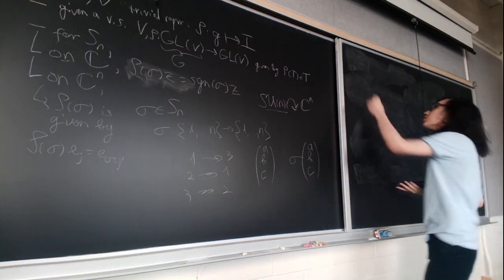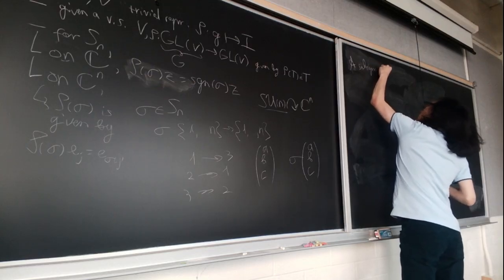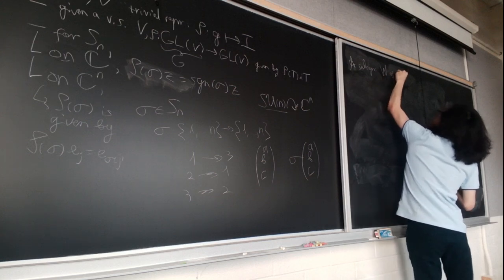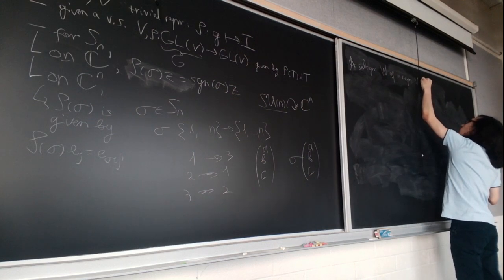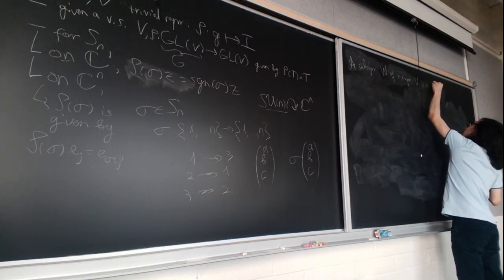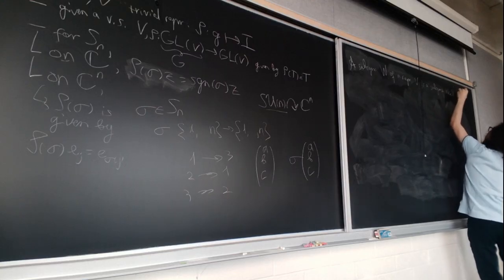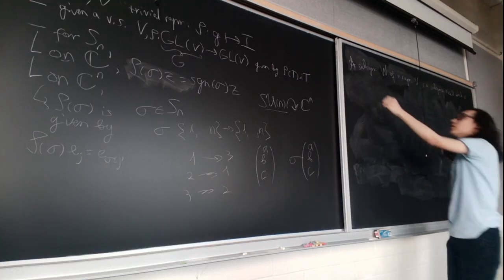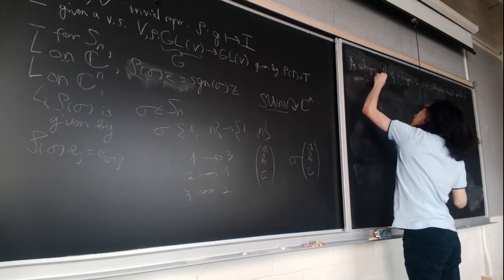So a subrepresentation, let's call it W, of a representation V is a subspace of V which is invariant under G.